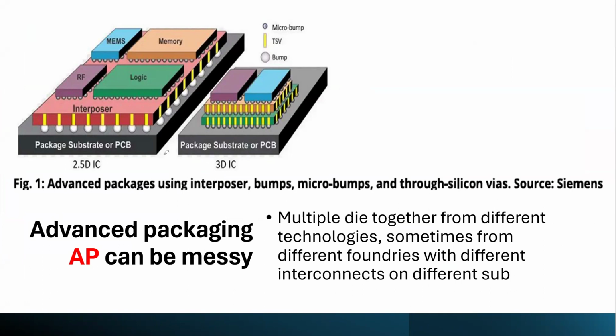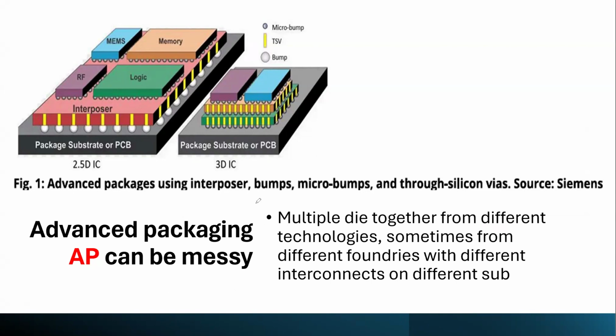The reason is that it doesn't matter if it's 2.5D or 3D, you see many different materials and different substrates, right? Different technologies form different dies, logic, memory, MEMS, RF, and then they connect them with an interposer or something else, or bump.